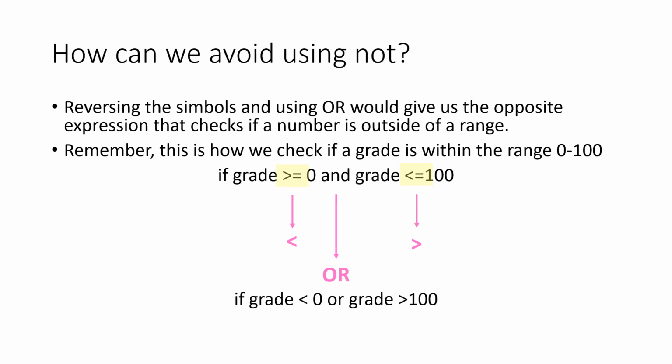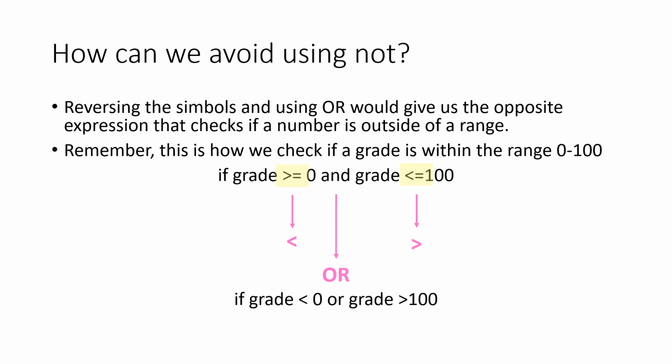You look at the condition that checks for the value to be within the range. So for example, if grade is greater than or equal to 0 and the grade is less than or equal to 100. And I was telling you what we do to check for the opposite. We convert greater than or equal to the opposite symbol, which is the symbol that is missing out of the 3 common symbols. So in this case, we would spell out if grade is less than 0.